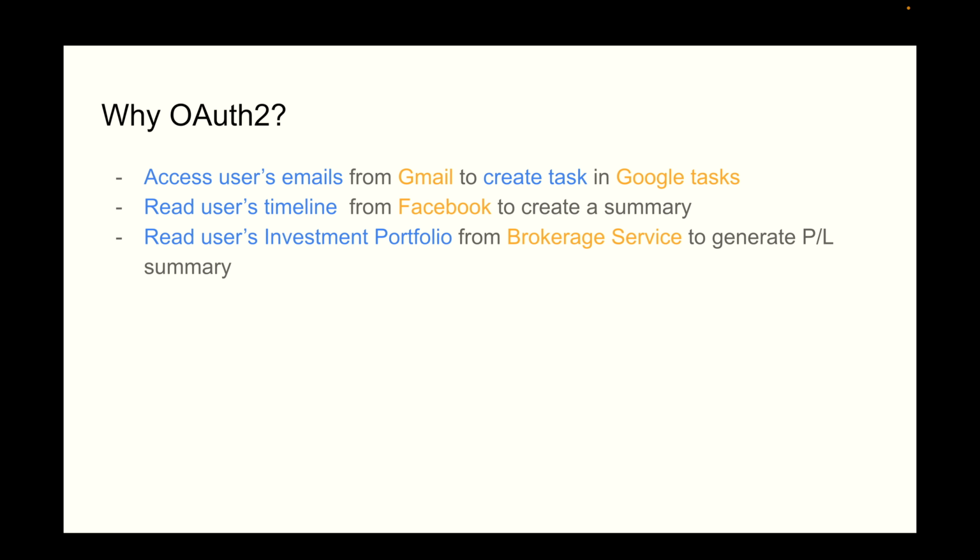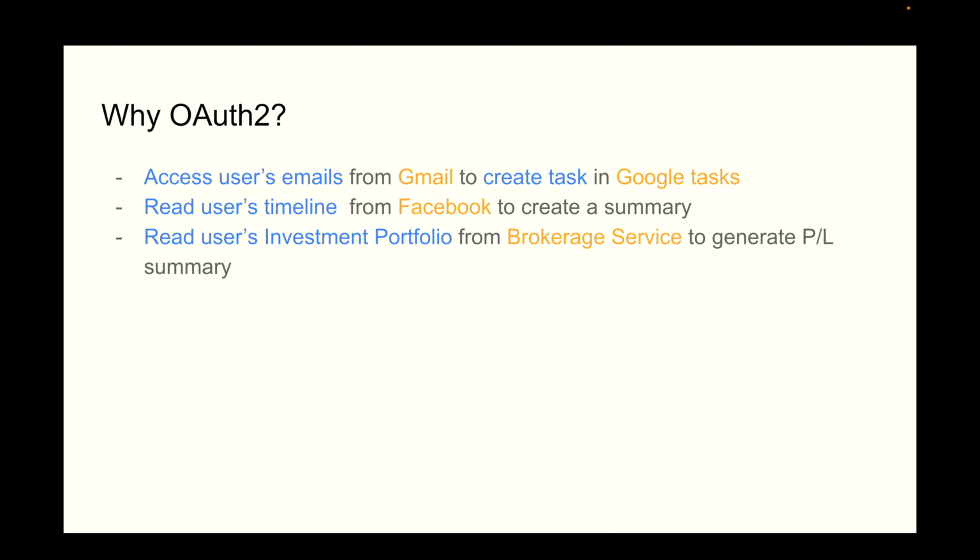Now let's see why do we use OAuth2. Let's say there are three scenarios. First is we have an app that wants to access user's email from Gmail, and then we want to create a task in Google Task. And here Gmail and Google Task are the services where the user already has an account.